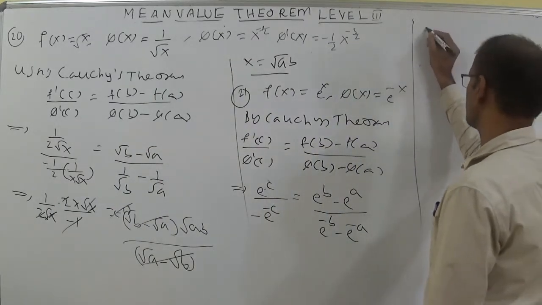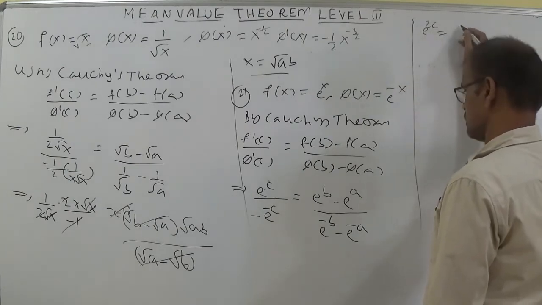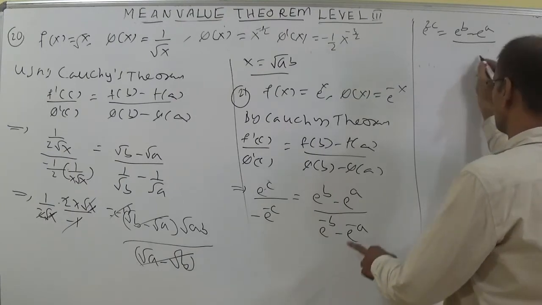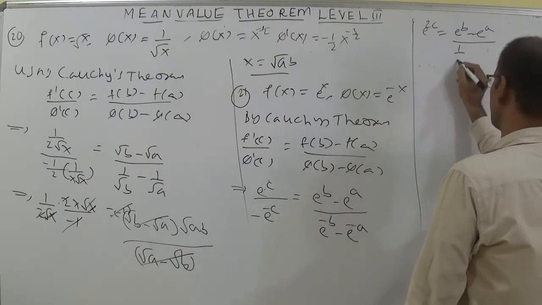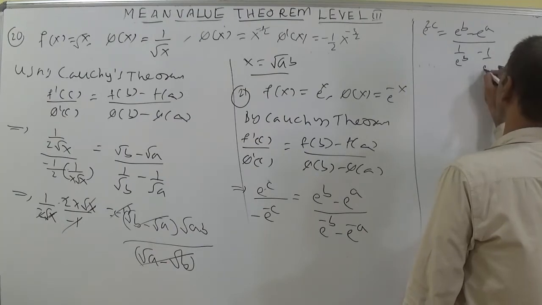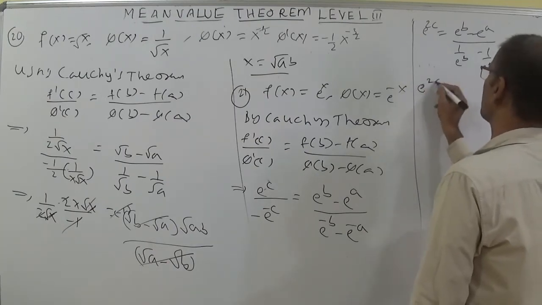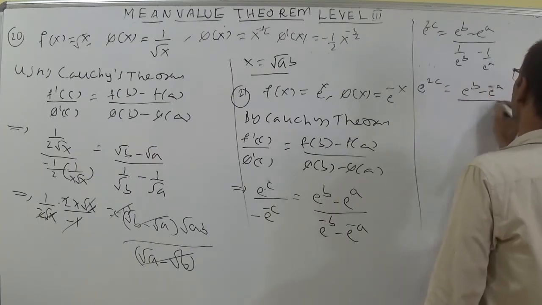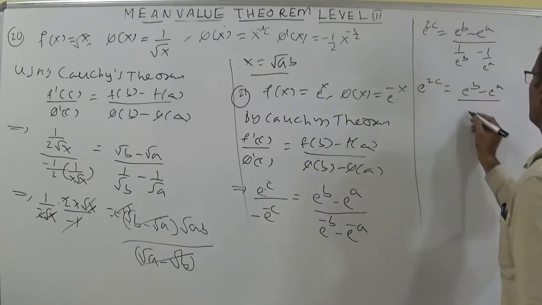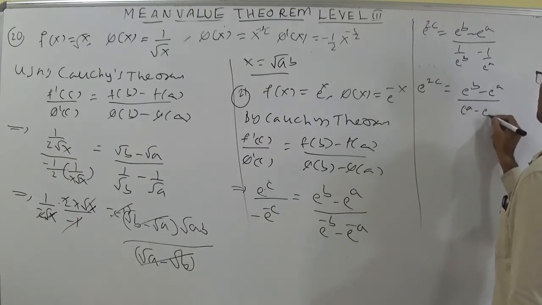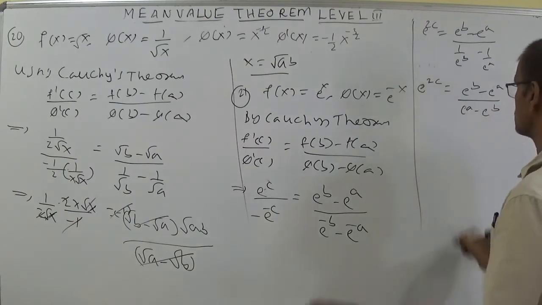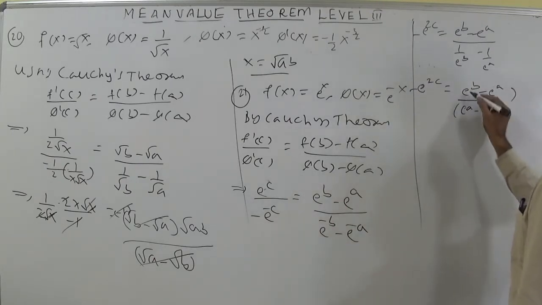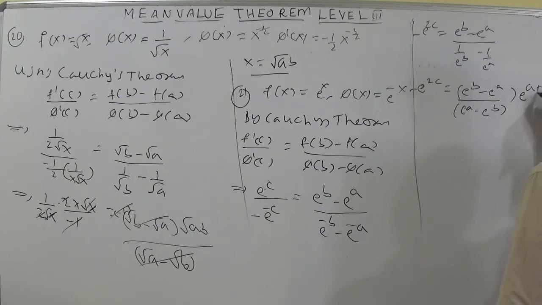Next you can say here e power 2c is equal to e power b minus e power a by 1 by e power b minus 1 by e power a. E power 2c is equal to e power b minus e power a whole by e power a minus e power b, over e power a into e power b, so you can write e power a plus b.